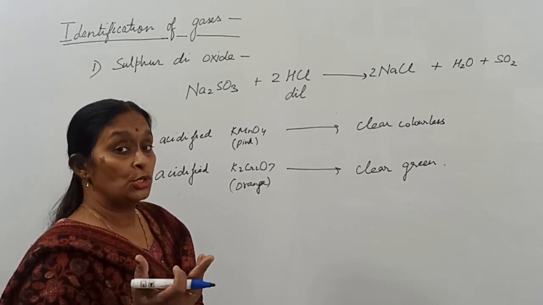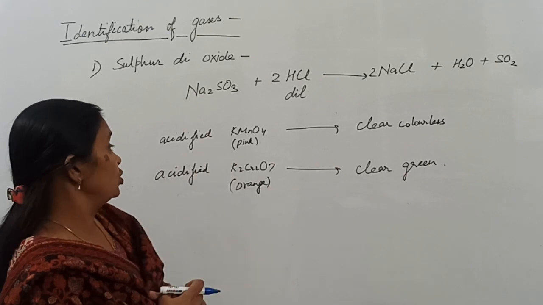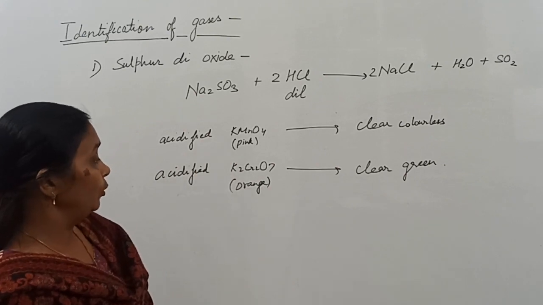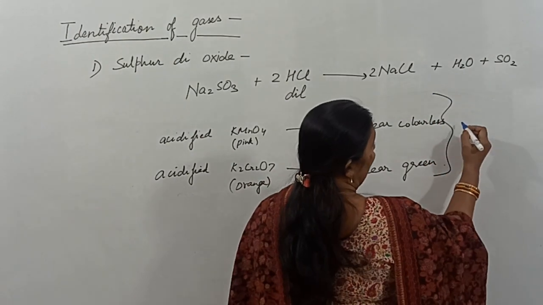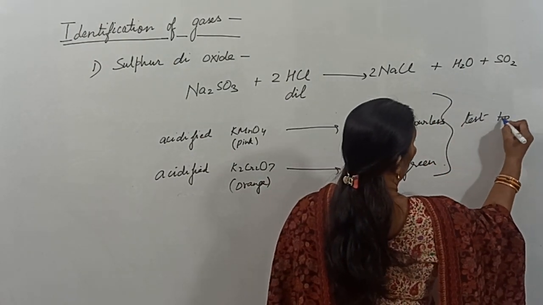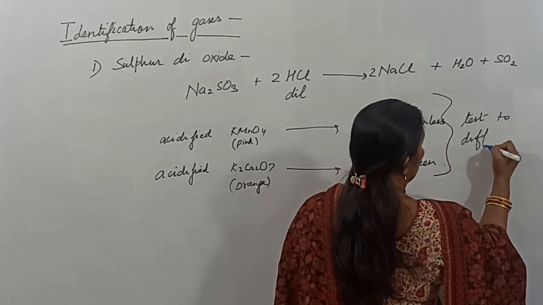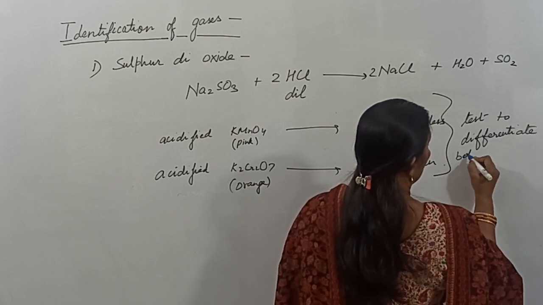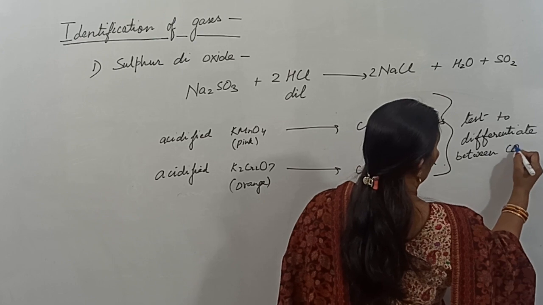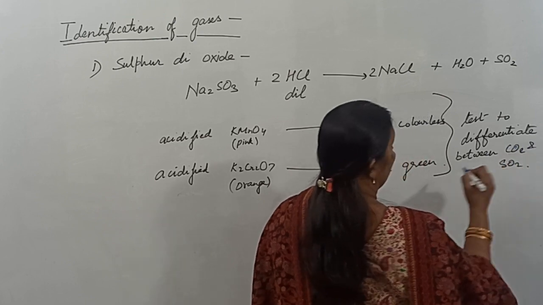Carbon dioxide shows no effect on these two solutions, acidified KMnO4 and K2Cr2O7. So this is the test to differentiate between CO2 and SO2.